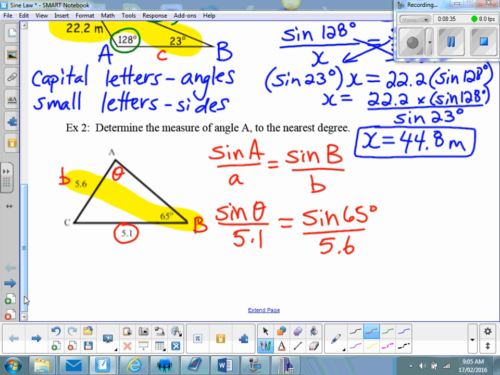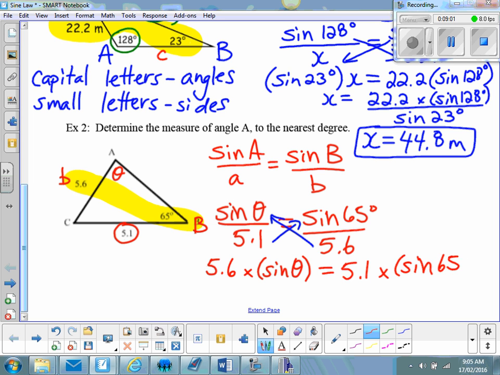So in this case, if I cross multiply, so I'll multiply here, I've got 5.6 times sine theta equals, and then I cross multiply here, I get 5.1 times sine 65 degrees.